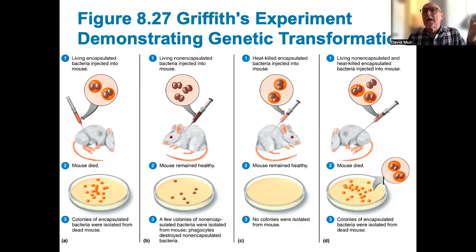Transformation is the acquisition of hereditary material from the environment. And there are many bacterial cells which are able to do this. There are bits and pieces of DNA floating around all over the place under natural circumstances. And there are certain bacteria that can take that DNA up, can actually be transformed by that DNA in solution.